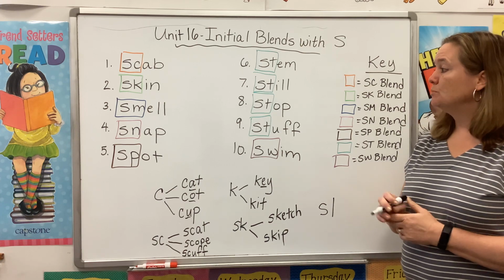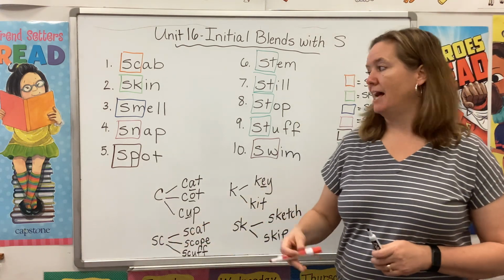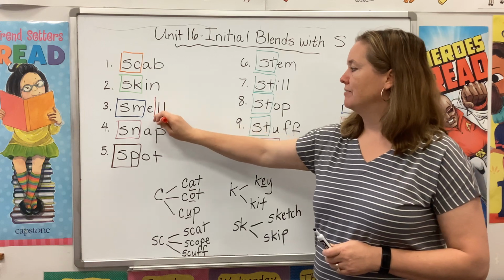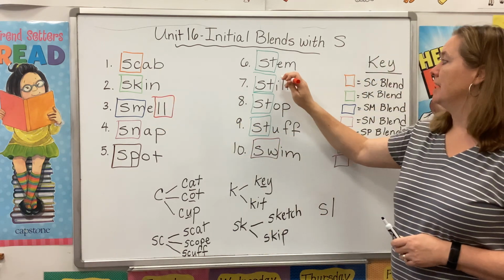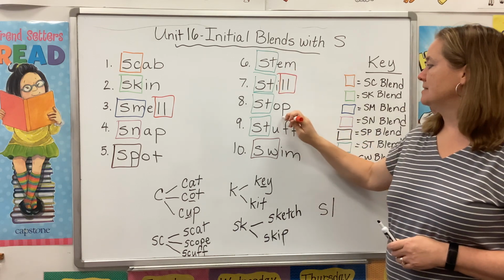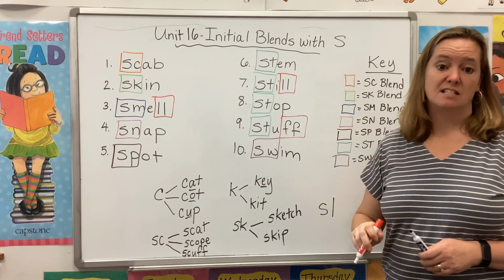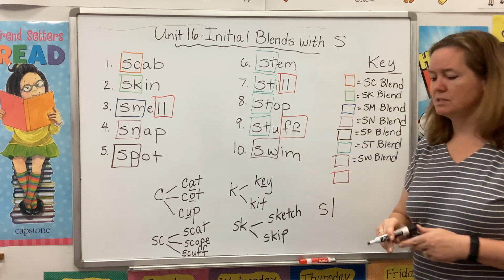Okay, as a review, I want you to notice that some of our bonus letters are back again. We have a double L in smell, another double L in still, and a double F in stuff. So over here, let's make a note.